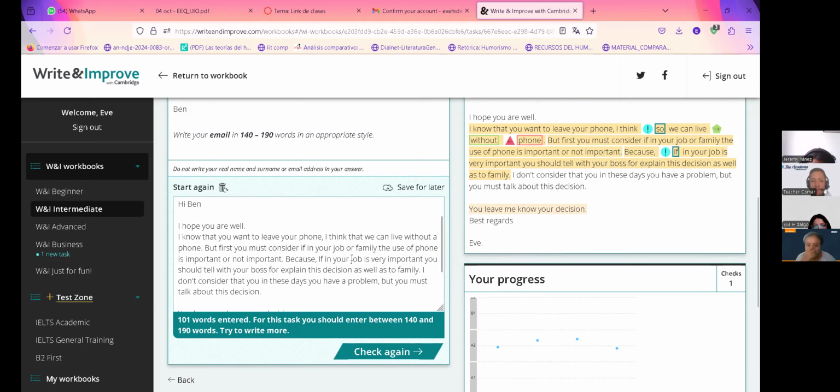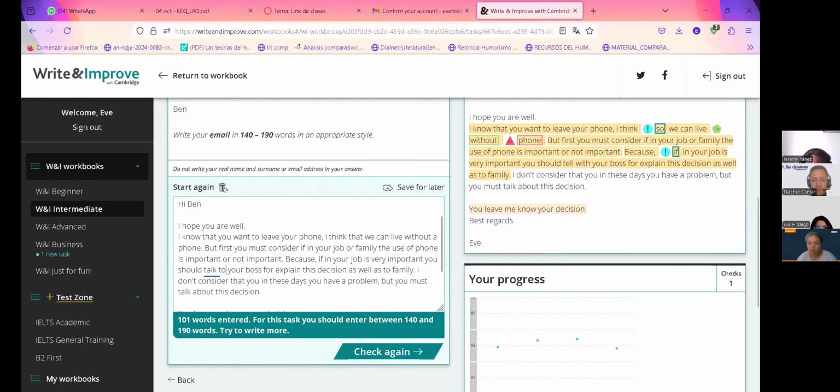It's uppercase. Because if in your job is very important, you should tell with your boss to explain the decision as well as to family. You should talk. Creo que sería mejor, ¿no? You should talk to your boss. Talk to, en lugar de with, talk to.